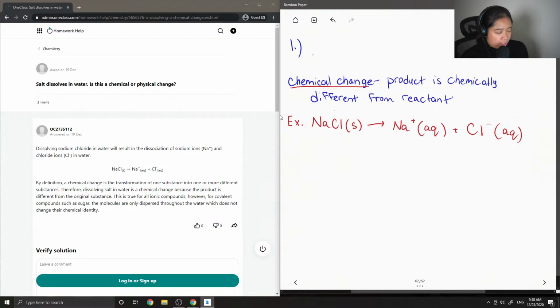Okay, so you can see that comparing to the product, the sodium and the chlorine were bonded together to form a solid, but once it is dissolved in water, because it separates into its ions, the product is chemically different from the reactant, so therefore this is a chemical change.